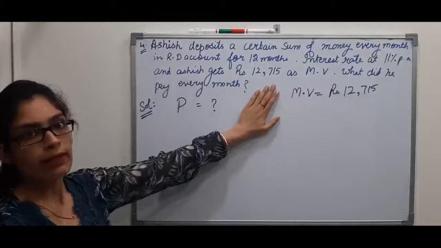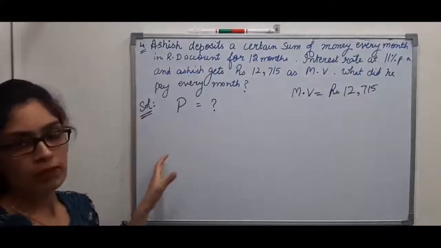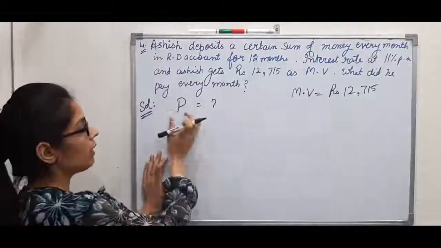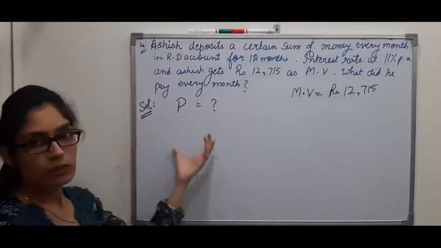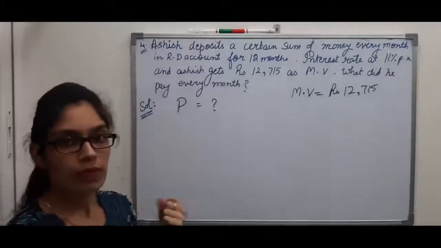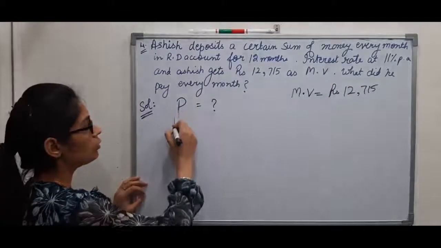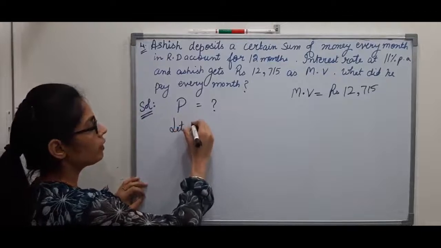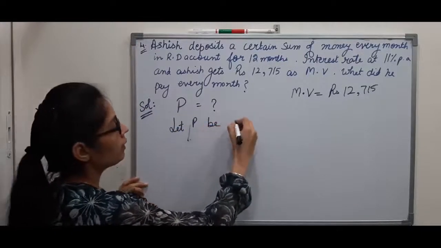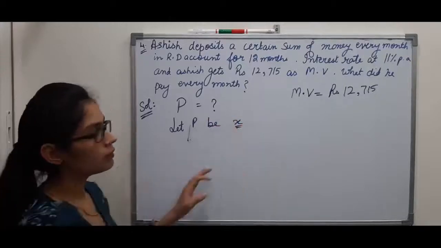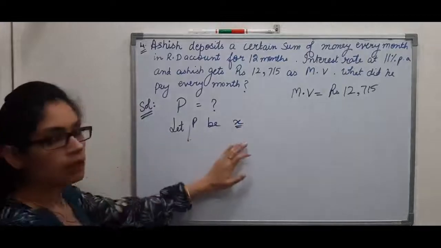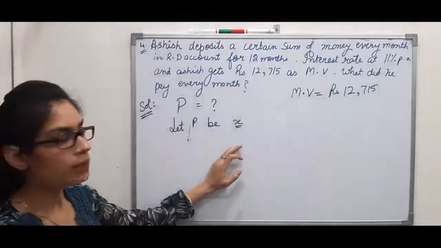Whatever things are given, we have to use the same formula, but now we have to find P. When such a situation comes, whichever thing we have to find, we will assume it as X. So we will assume P as X. And again we will use the formula of simple interest.